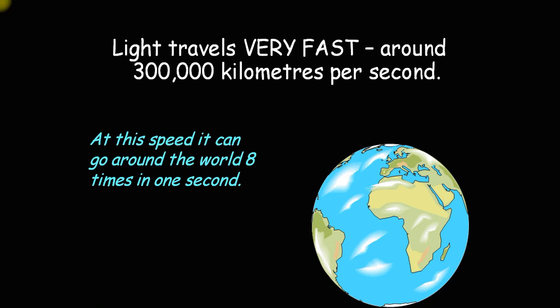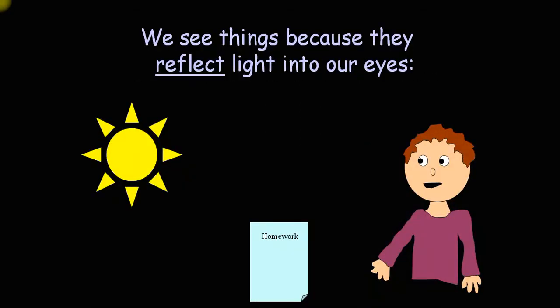Think about that. Now another fact is this: we see things because they reflect light into our eyes, like what you have here. So if you're looking at whatever you're observing, it means light from a source hits that object and then it's reflected to your eyes.